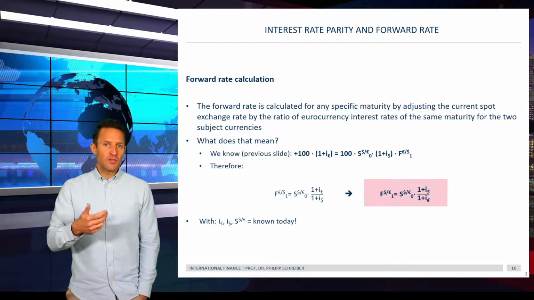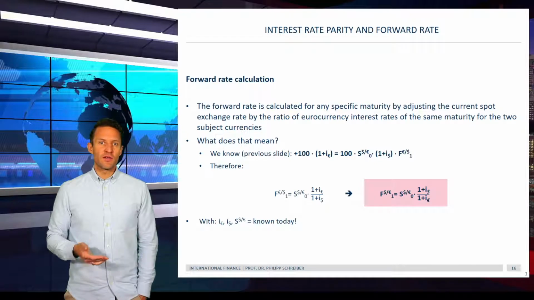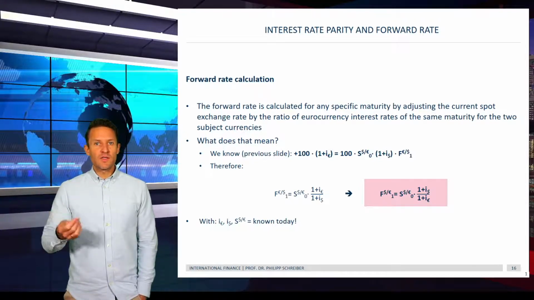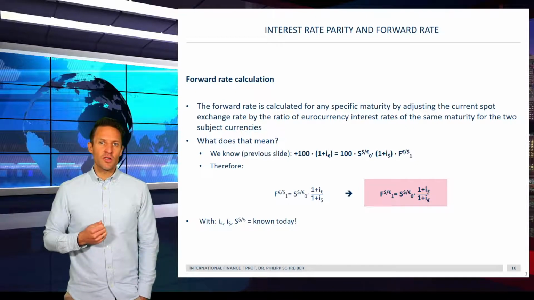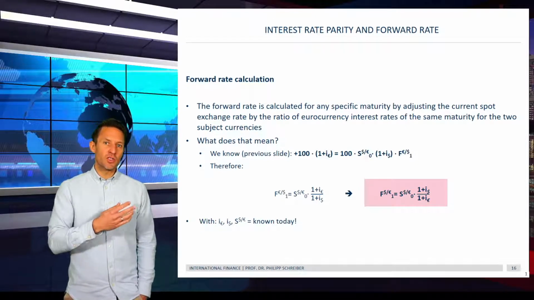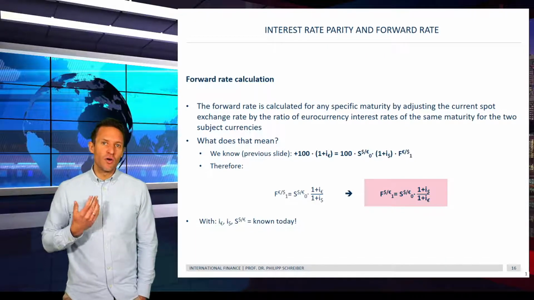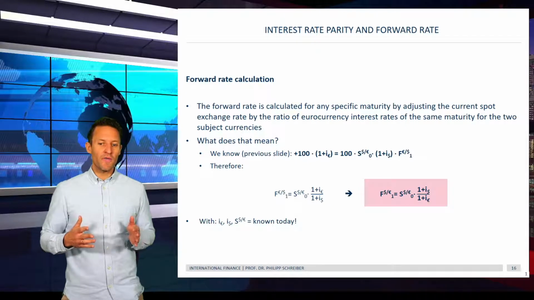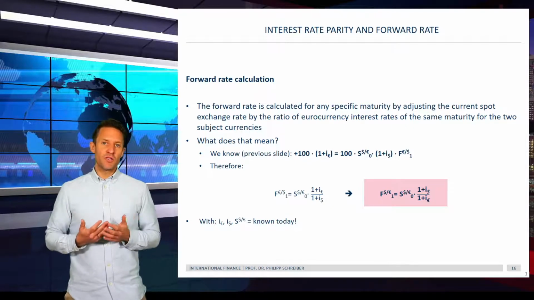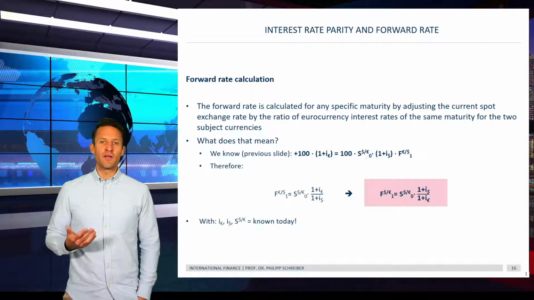The spot rate, just Google euro dollar, 1.19 today. You can check out what is the interest you would get at Volksbank Esslingen, and you can check out what is the interest rate at JP Morgan Chase for investing 100,000 euros, 500,000, 1,000, 1 euro, whatever. And you have all the information you need to calculate the forward rate.